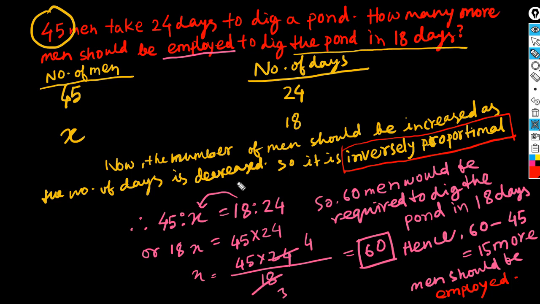And please understand this one. It is very important: inversely proportional. When it is inversely proportional, there are conditions. We have already discussed this. Now come to another example, and please see this and write it down in your notebook.